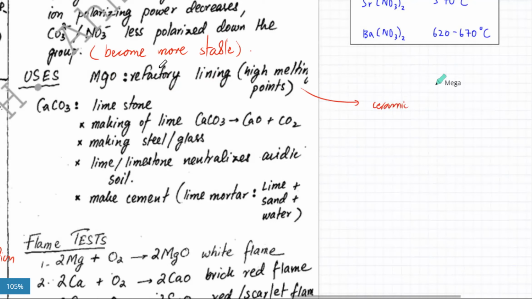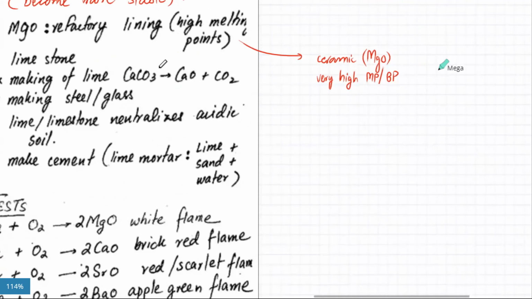Ceramics are anything that are really strong, tough. They've got very high melting points, boiling points. And they're also very good insulators.